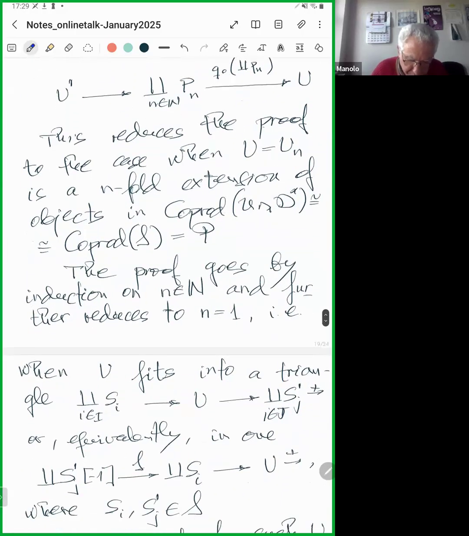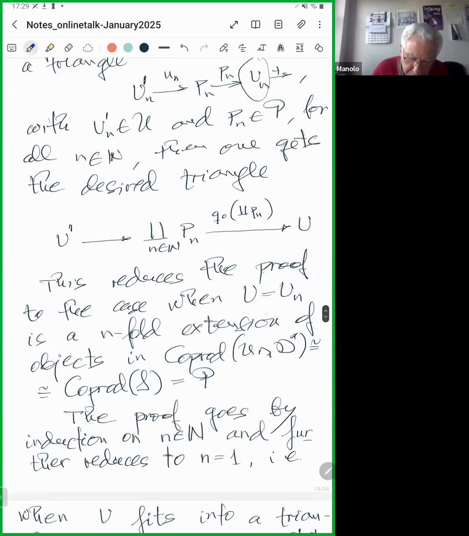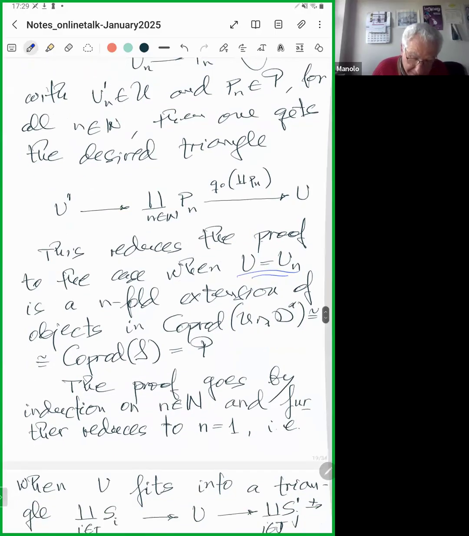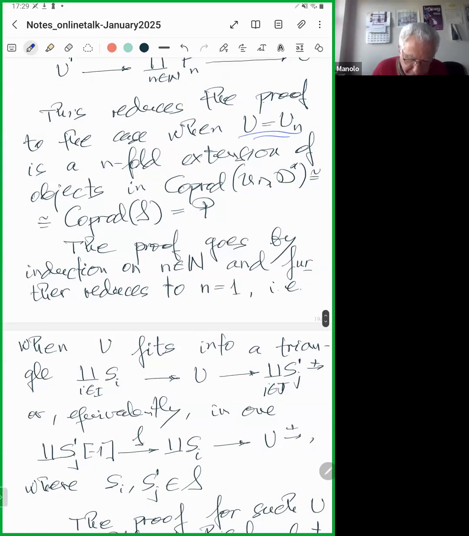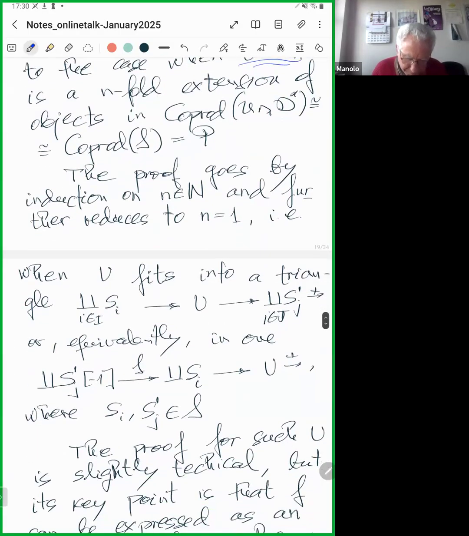You can assume without loss of generality that U is an n-fold extension of objects in P, and the proof goes by induction on n, and actually it further reduces easily to the case of n equals 1, that is, one extension of coproducts.